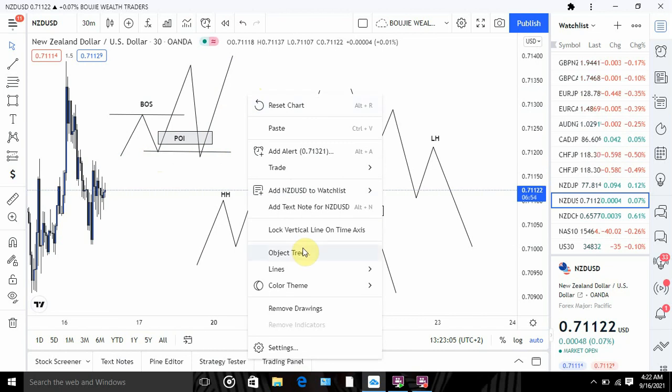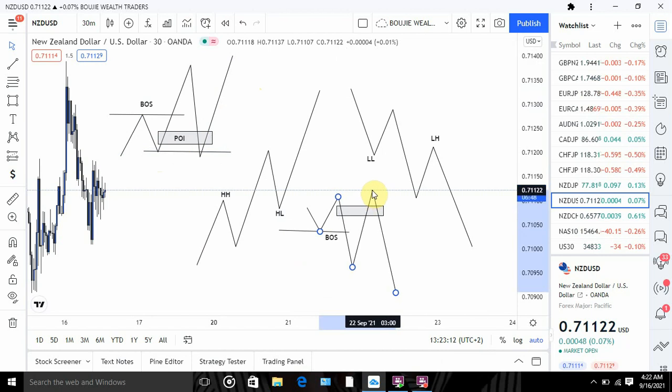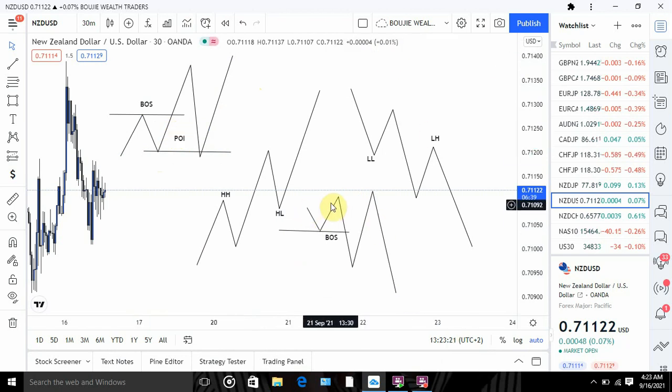So the same applies in a downtrend. Sometimes the market doesn't respect our point of interest in here. What it does is take the liquidity that is resting in this high, then it continues to drop in a downtrend institutional order flow.